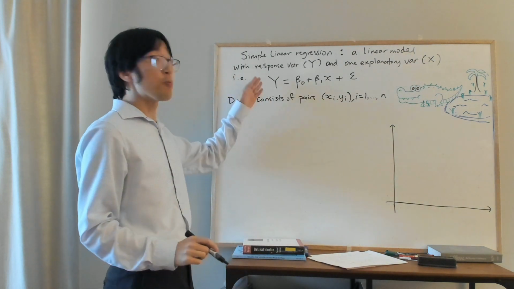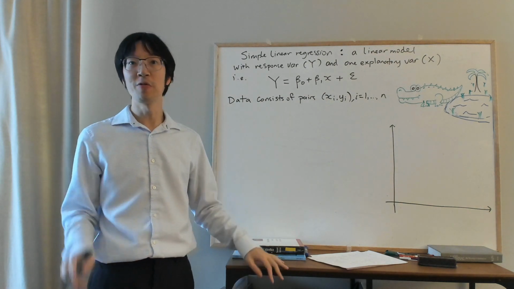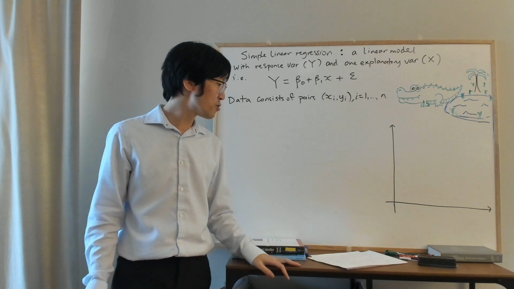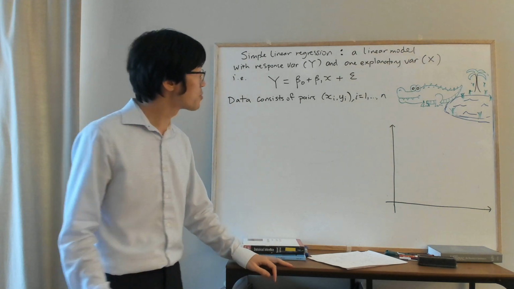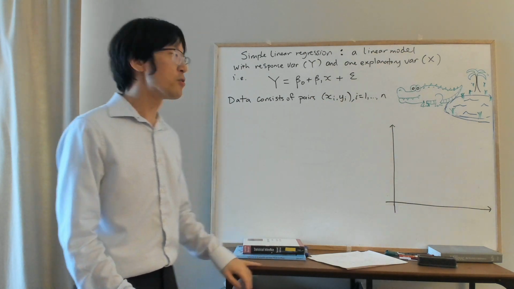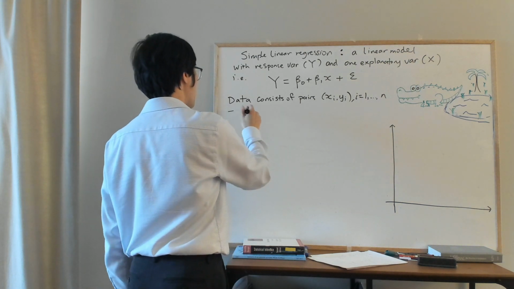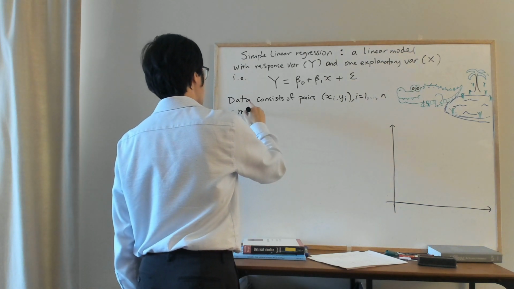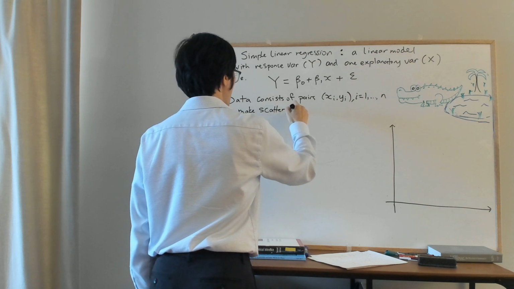Before we do any model fitting, as we probably learned in our first stats class, we should plot the data before we do anything else. In this case, we have a pair x and y, and so the natural tool to visualize this data is a scatter plot. So we can make a scatter plot for these xy pairs.